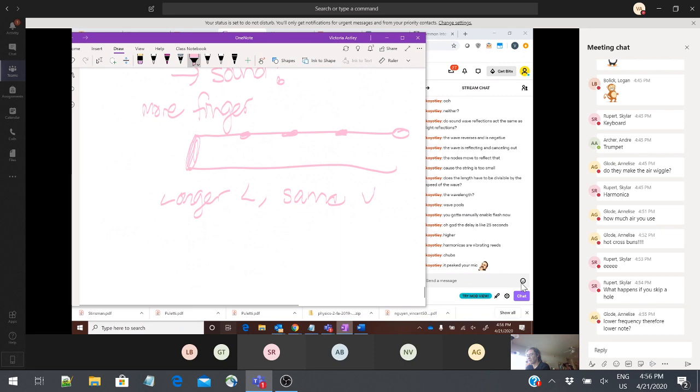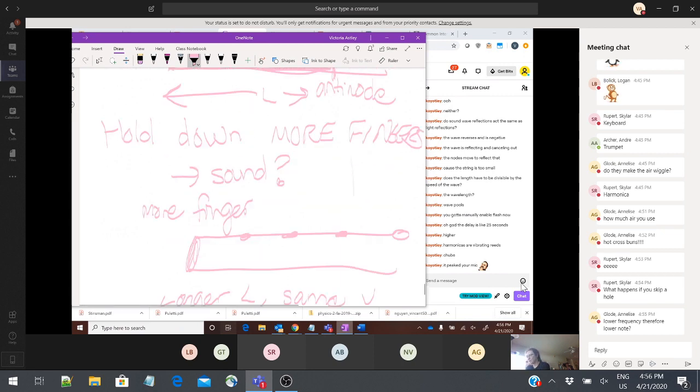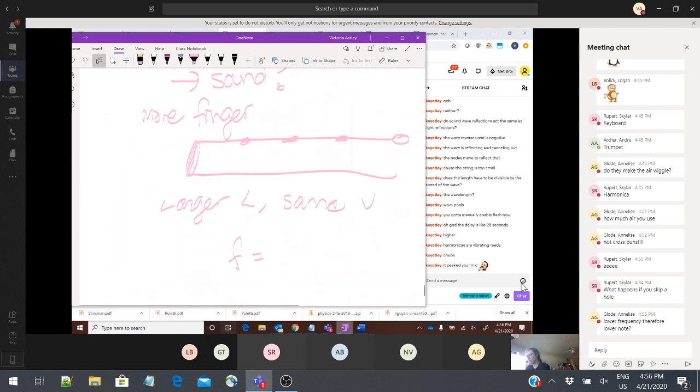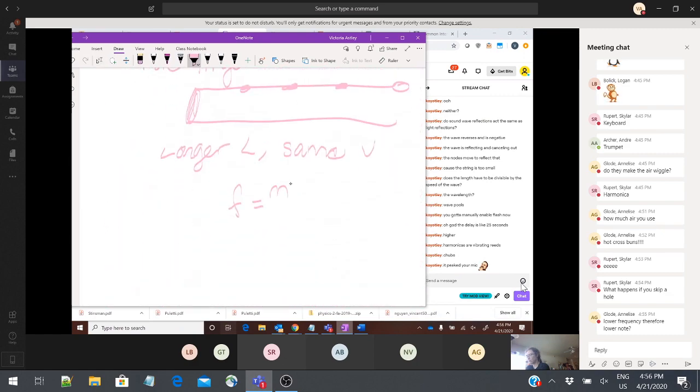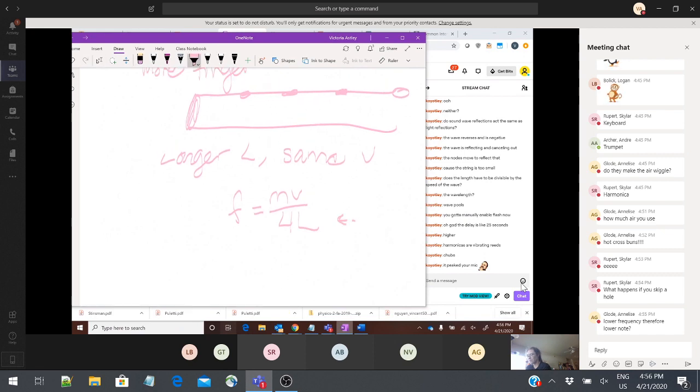I get f equals m v over 4L. Right. So if L goes up, f should go down. So let's say I played this one, I think. Let's add more fingers. Yeah, lower note, good job.